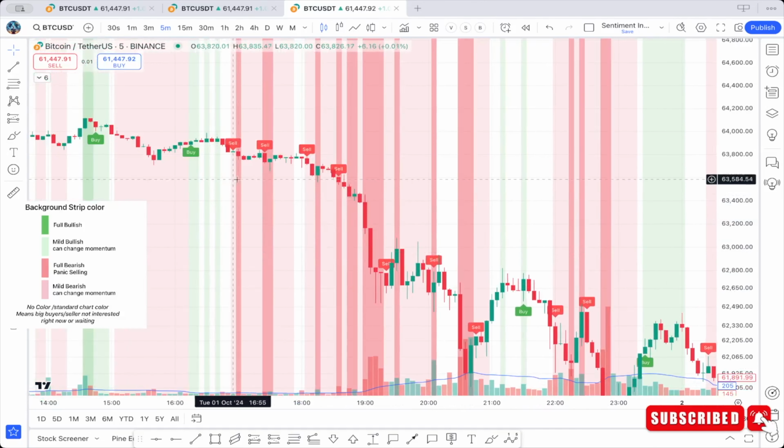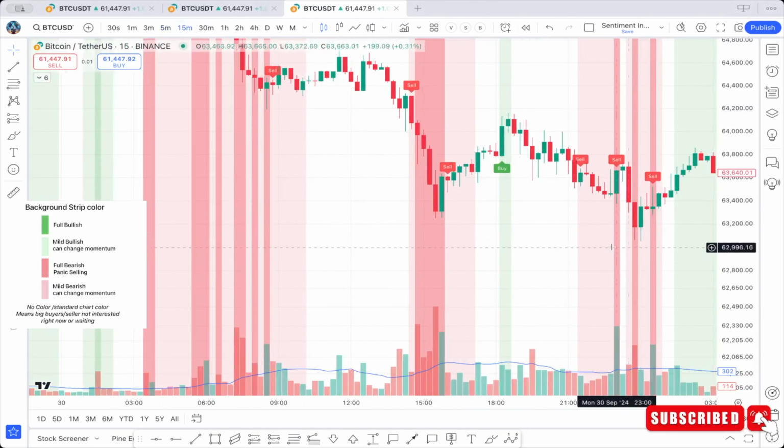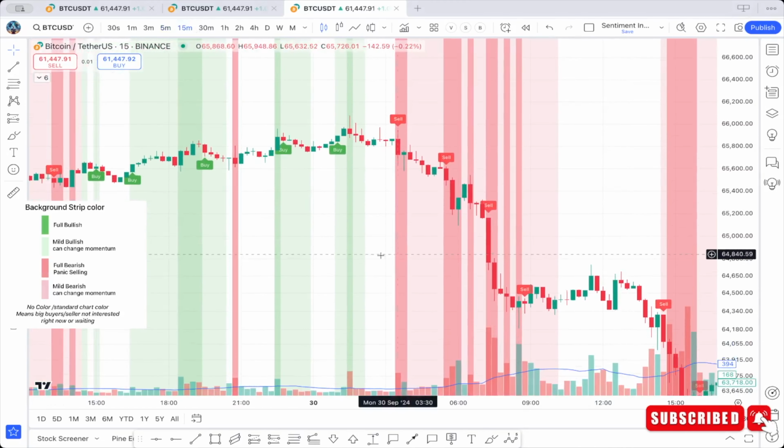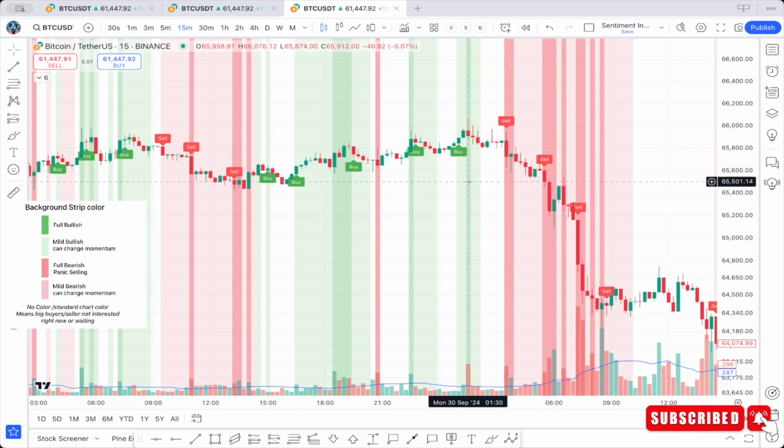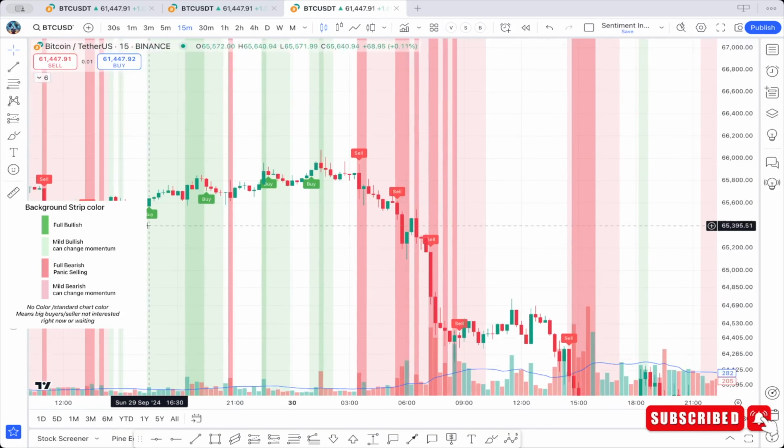Okay, similarly here as well. On 5 minutes we have lesser noise. So when trend is positive, you'll see buy signals, and that is actually the ideal situation.